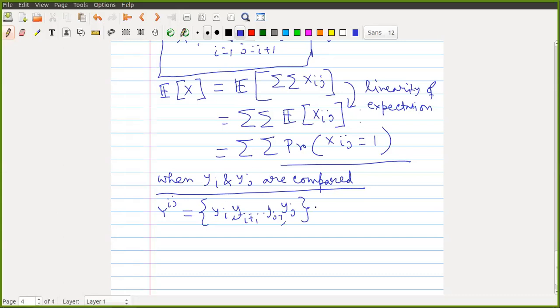And if they are not in the same list, then there is no point in picking any pivot among them and comparing.